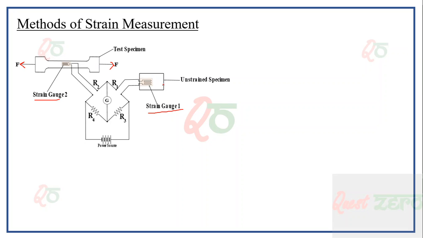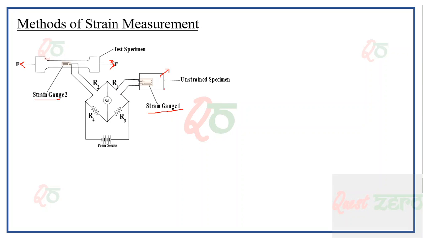The first strain gauge is attached to a specimen on which no load is acting. So this specimen will be unstrained. There won't be any deformation in this. But the second strain gauge will be attached to the test specimen whose deformation or elongation needs to be measured, and which is under load F.